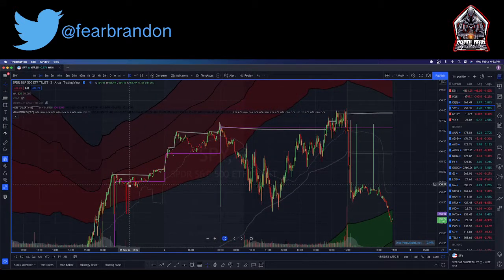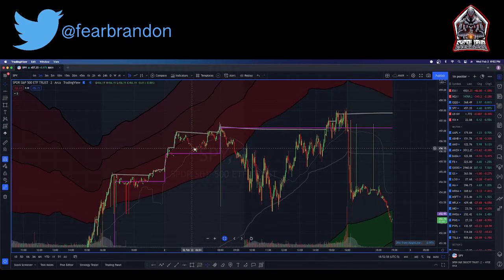I find the variance of 4 is the best, but I'll actually show you what variance of 4 does, because it pretty much nailed Apple and AMD. You can tell we're in the red bands, 2-minute red bands on SPY. You can tell how we broke below and used the first red band as a resistance right there.